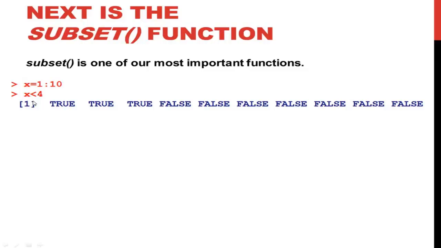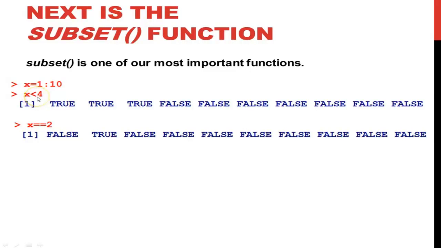So what is this doing? It's saying, the first element of x is 1, is that less than 4? Yes. Is 2 less than 4? Yes. Is 3 less than 4? Yes. Is 4 less than 4? No. No, no, no, no, no. Is this clear? Because x is a vector, it's going to do this evaluation for each element of x. Is that clear?